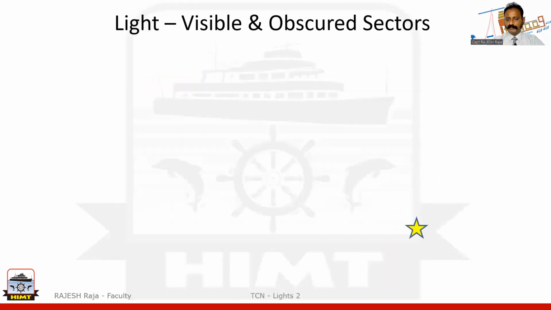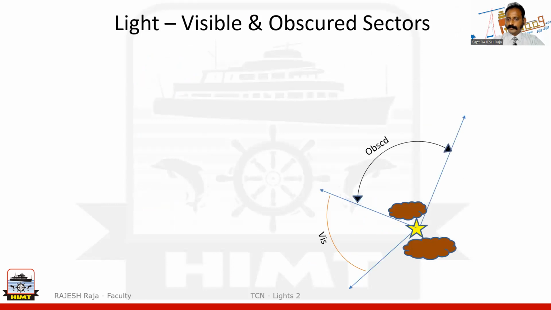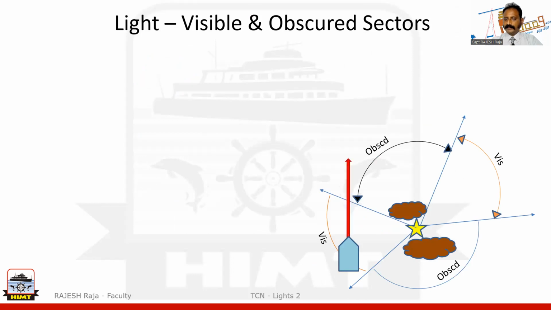So I'm going to just create one artificial case. Let us say there was a lighthouse here and there were 2 obstructions, 2 islands were obstructions. So I had a sector of visible here, sector of obscured here, again visible sector, and again obscured sector. And my vessel was here. Right now, my vessel could see the lighthouse and started sailing like this.